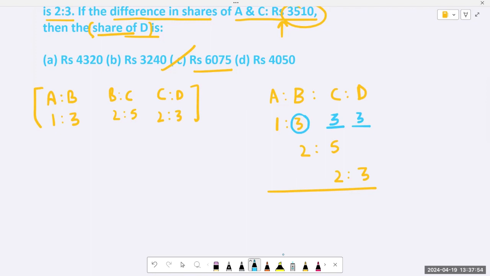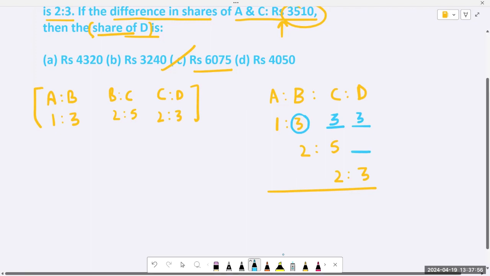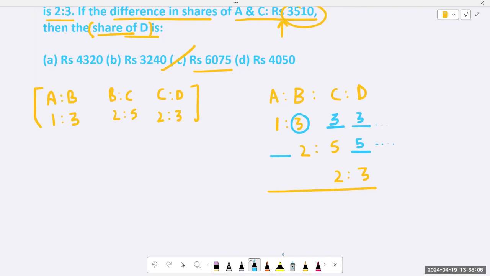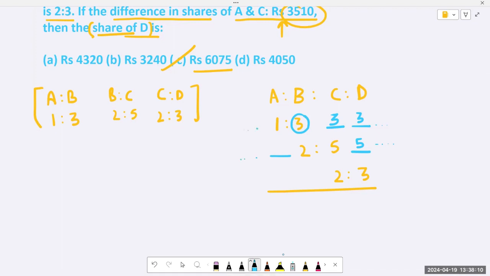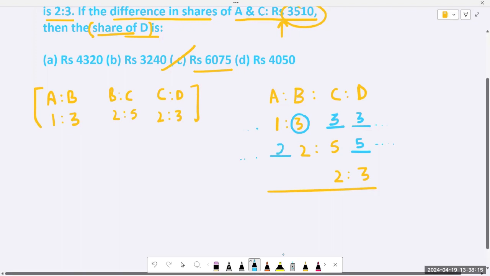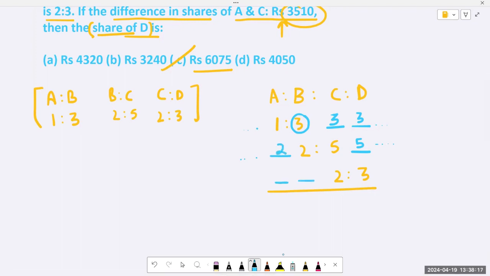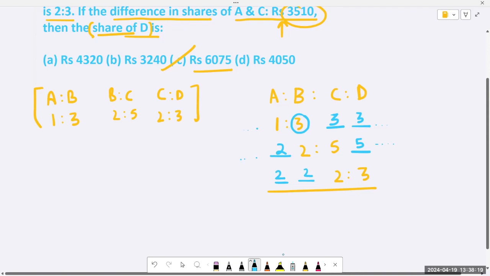Then in this row we have 2 dashes, so we'll write 5 because on this side we have 5. All the numbers on this side, no matter how many, will have 5 only. Same in the case of 3. And all numbers on this side will have 2 only, no matter how many numbers. So here we have 2 dashes, and we'll write 2 and 2.